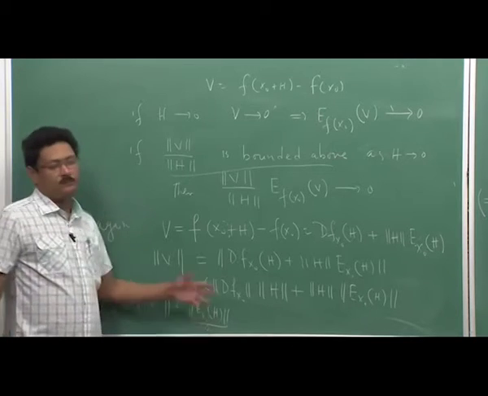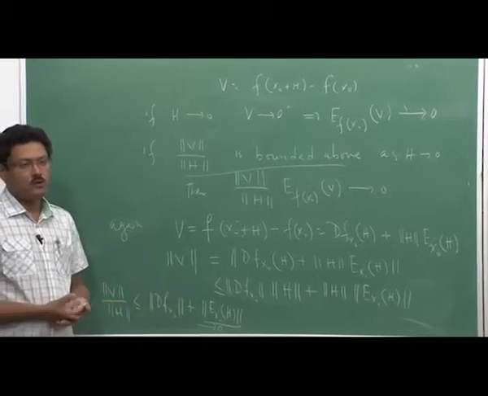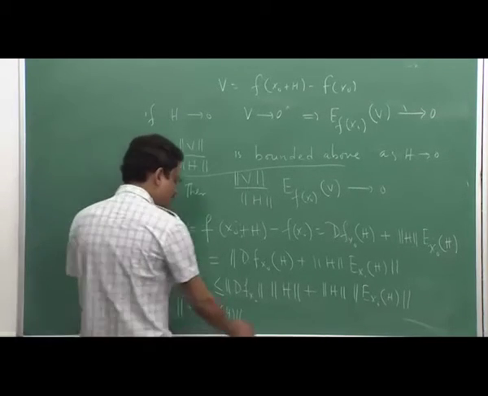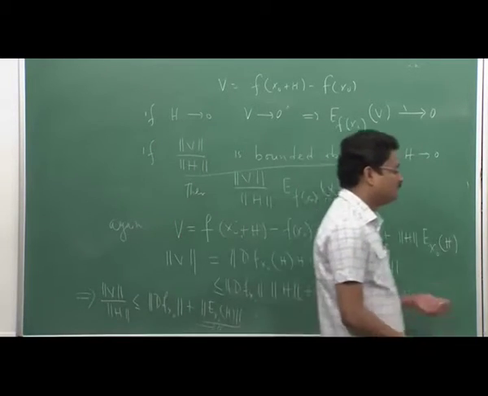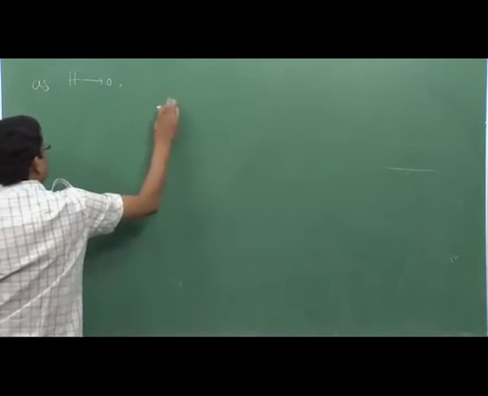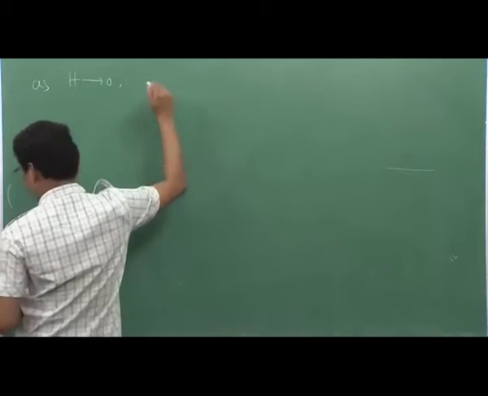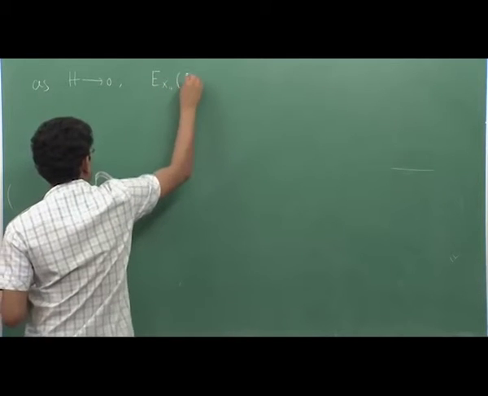Now, this quantity goes to 0 as H goes to 0. So, after certain H I can say this is less than 1. As H goes to 0, E x naught H goes to 0.